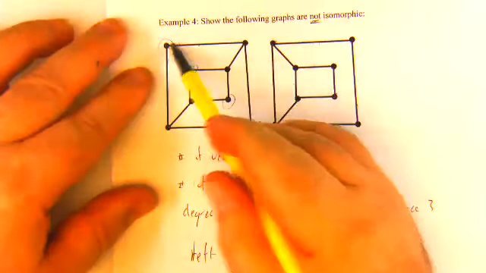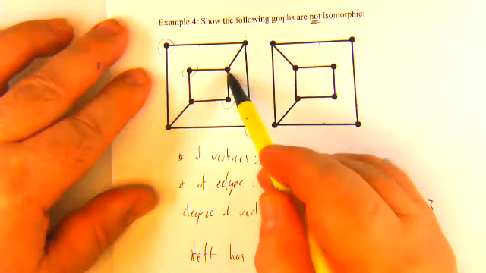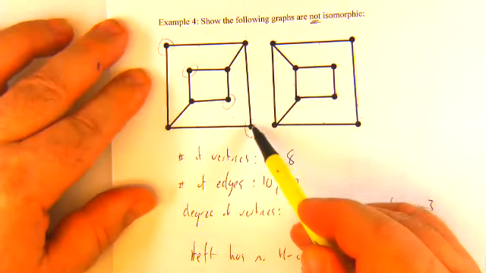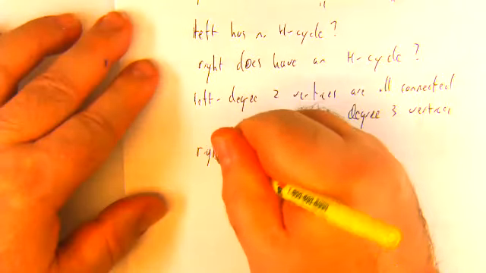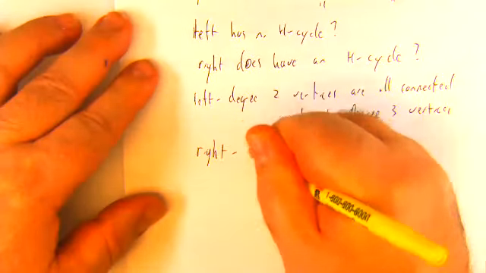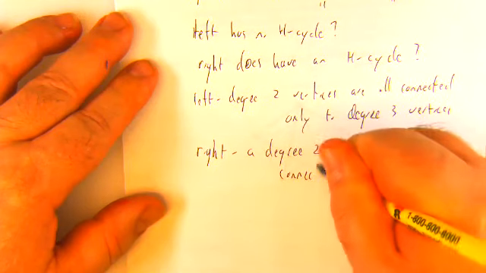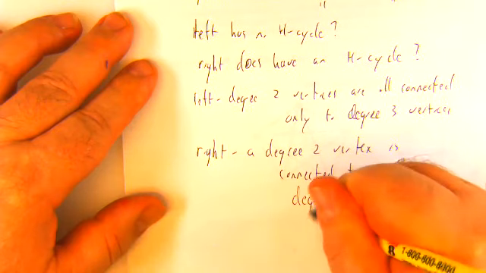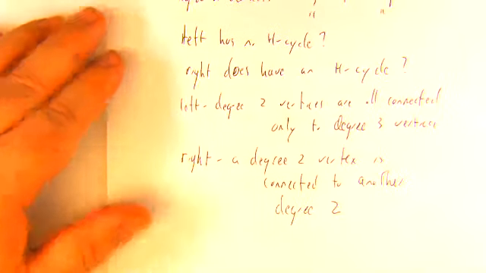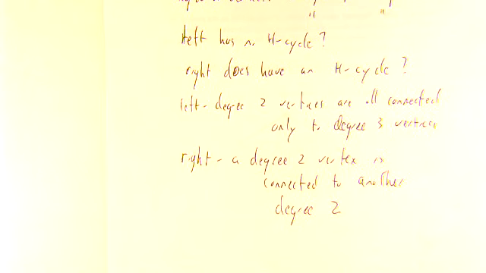So if you look at this, this is connected to 2 degree 3s, this one's connected to 2 degree 3s, this one's connected to 2 degree 3s, this one's connected to 2 degree 3s. But on this one, you've got a degree 2 vertex that's connected to another degree 2 vertex. And so that's a difference between the two graphs. And so they're not isomorphic because there's structural properties that are different that aren't just artifacts of how you chose to draw them.